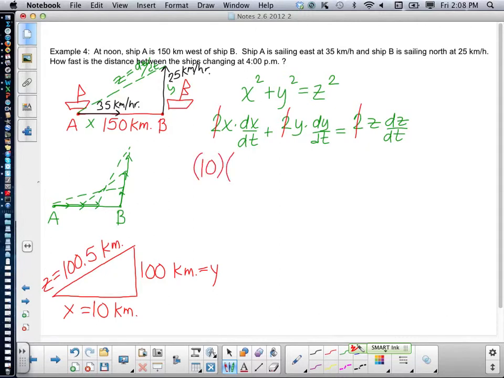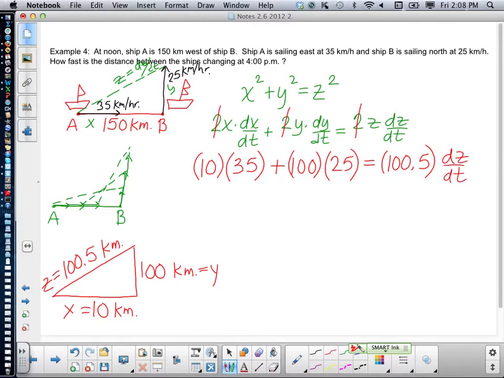We'll multiply by dx dt, which was 35. Add to that our y value, which is 100, times dy dt, which is 25. That equals our z value, which is about 100.5. And multiply that by dz dt.